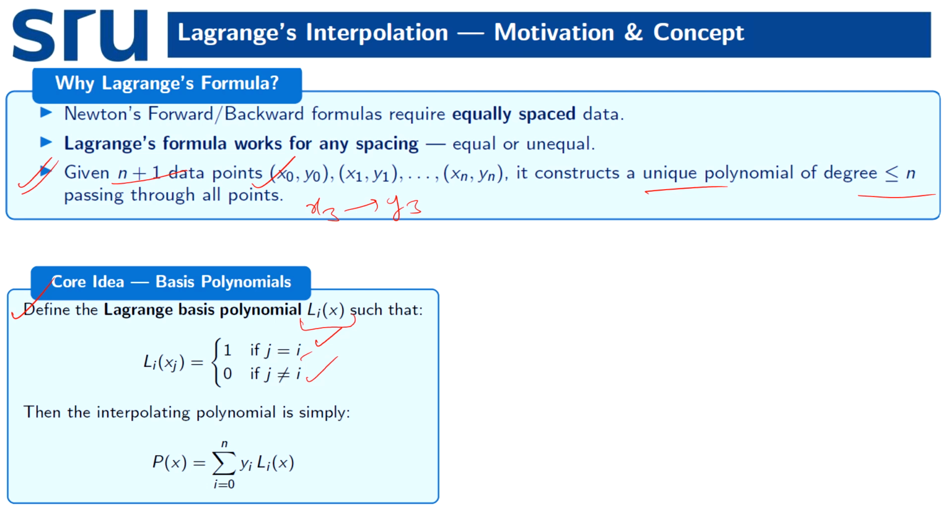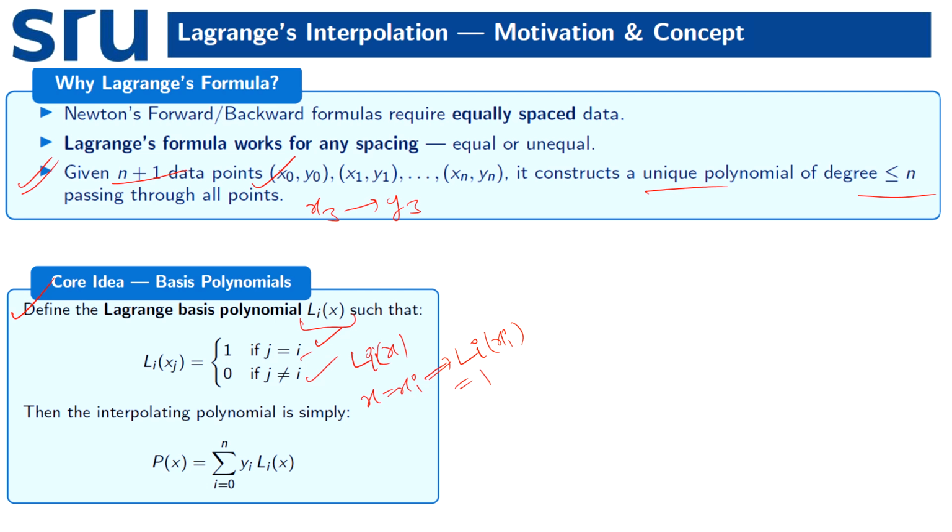Now let us understand this slowly. Take Li(x). When we substitute x equal to xi, then Li(xi) will be 1.